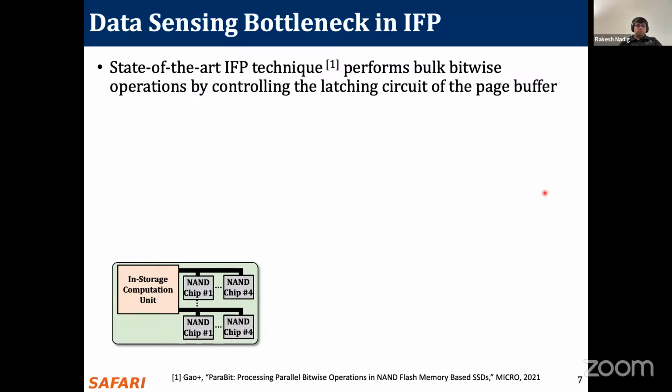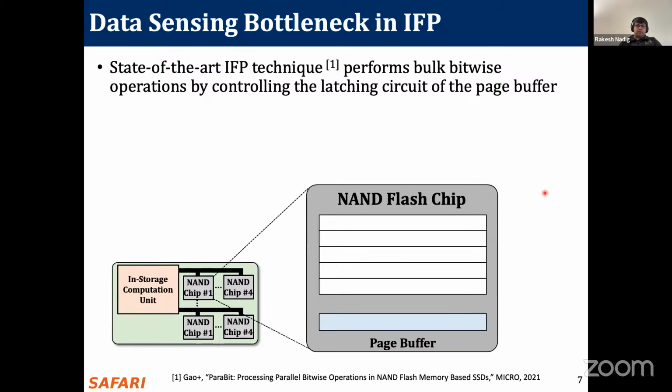If we look deeper into the organization of a NAND flash chip, this is a very simplistic representation, but essentially we have several flash pages where the operands are stored, and a page buffer, which is a temporary buffer used for moving data during program or read operations. So let's assume there are multiple operands used for bulk bitwise operations stored in these flash pages.